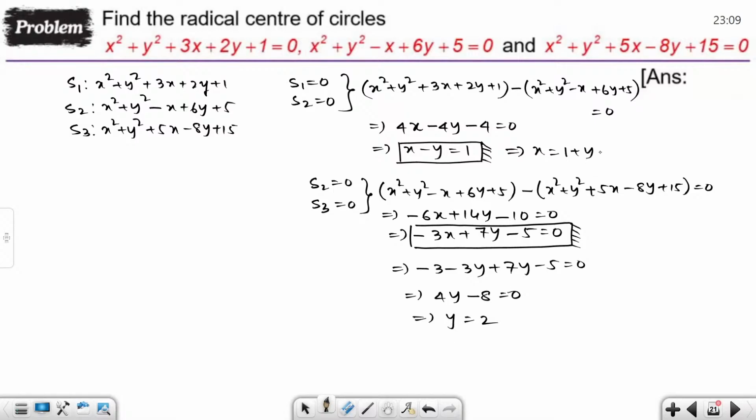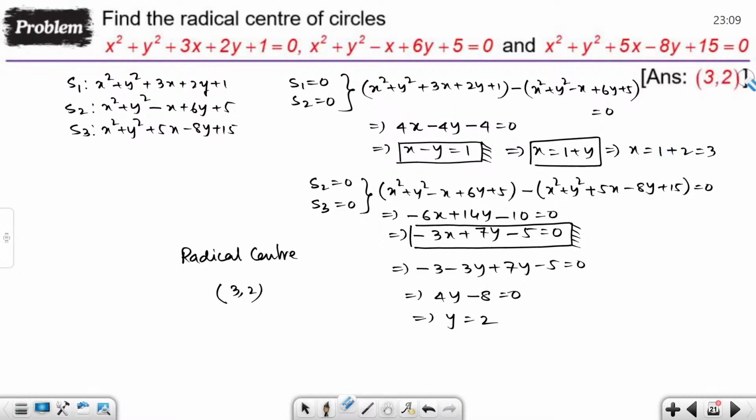Now if I put y as 2 in this, we are getting x as 3, right? Therefore the radical center is (3, 2). Is it clear to everyone? You have understood how to find out the radical center when three circles are given? Right. So the answer is (3, 2). Okay?